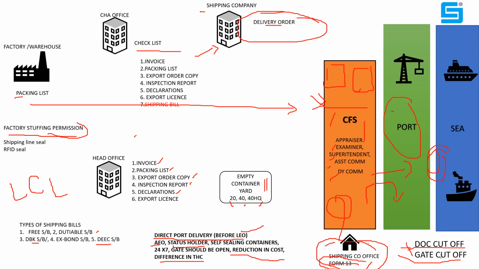If the rate is okay, then you move the cargo to the CFS. When the cargo comes to the CFS, the same customs procedure is done. You hand over this loose cargo and the Form 13 to the shipping company which has an office in the port.